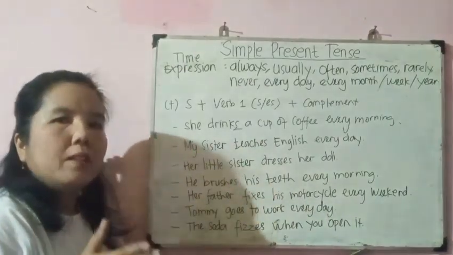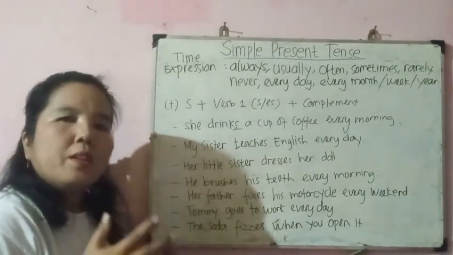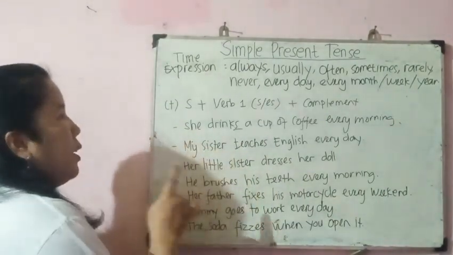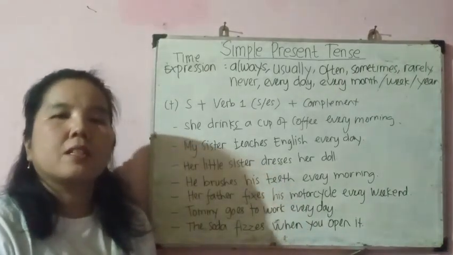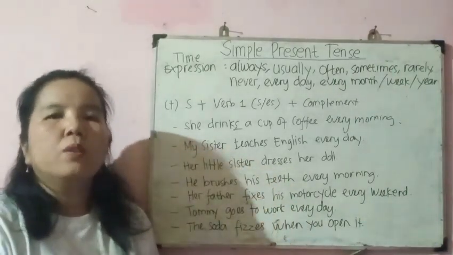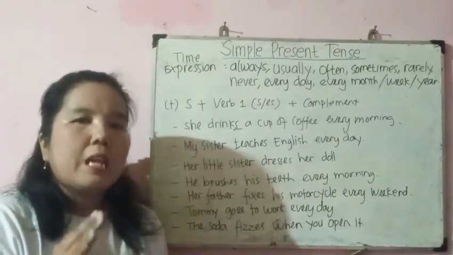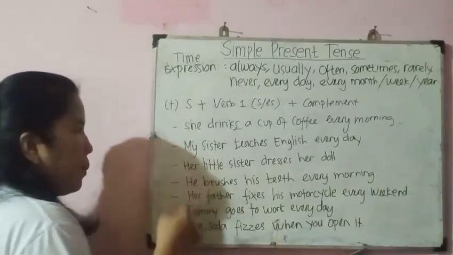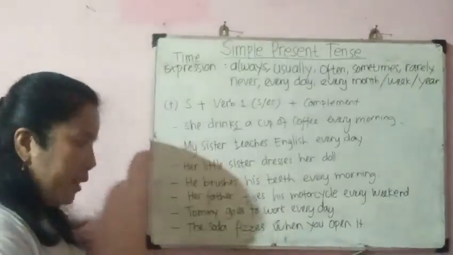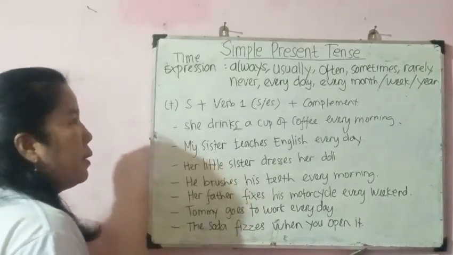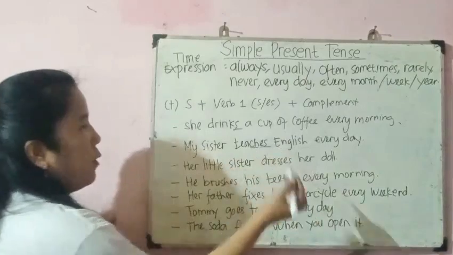But when the subject she, he, it is with a verb ending in s, ch, sh, x, z, o, and y, we add es. For example, my sister teaches English every day. So for the verb teach, we add es at the end of the verb.